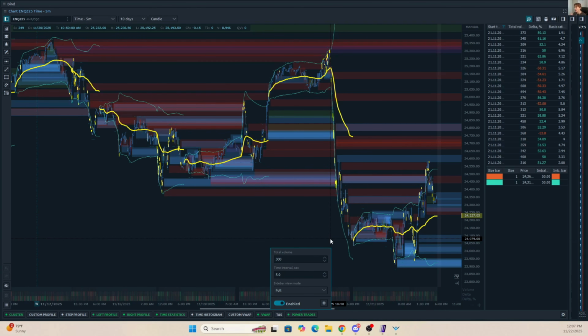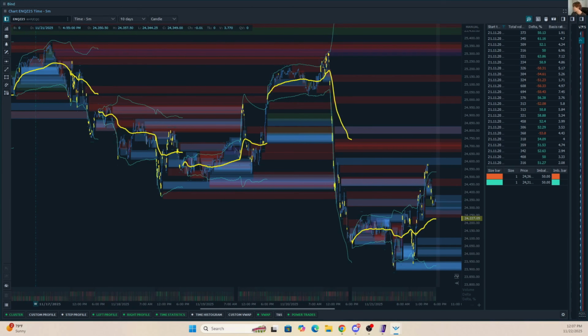You want to see in the data that you're presented only the most significant candles, so you have to be able to adapt and adjust it as the day goes on to the volatility that is presented. Because if every candle has a power trade, and every candle is showing you significant volume, that's not important. So be able to adapt and adjust it depending on what the volatility and what asset you are trading.